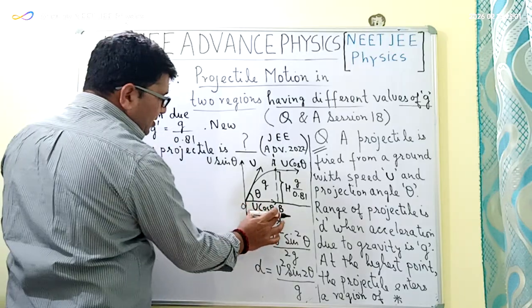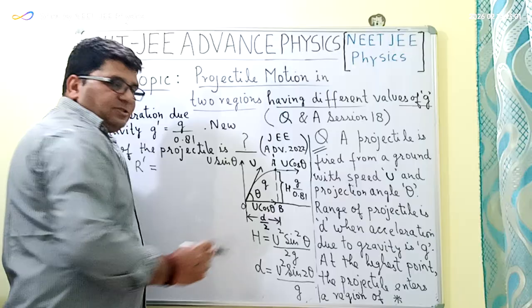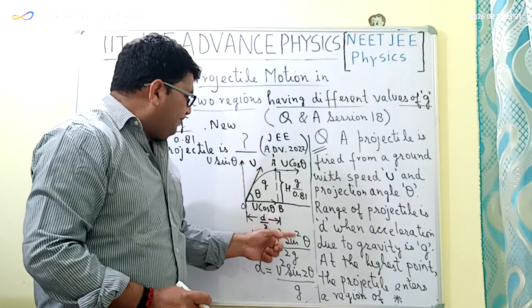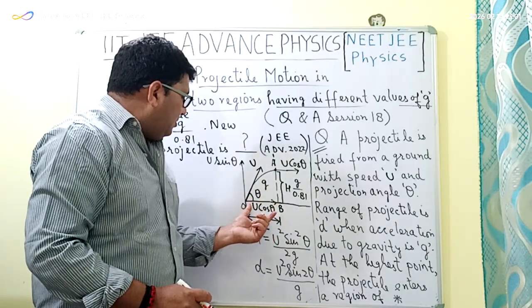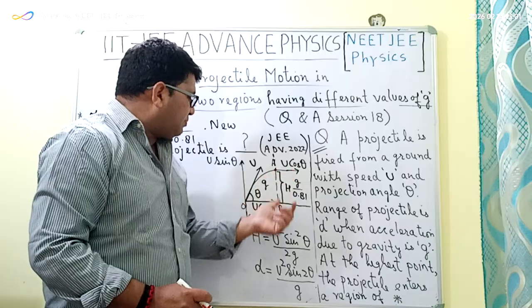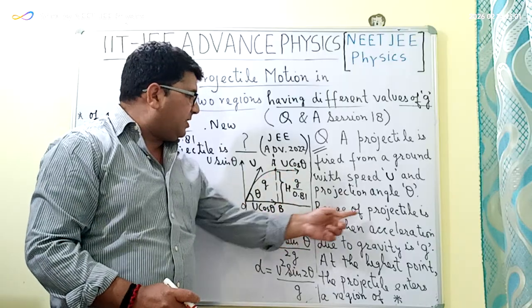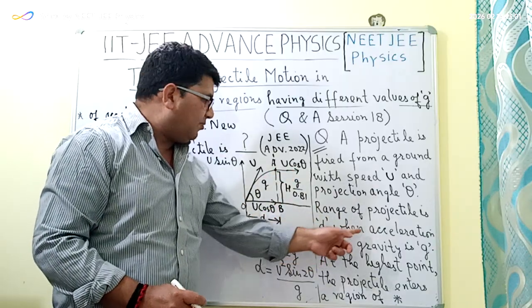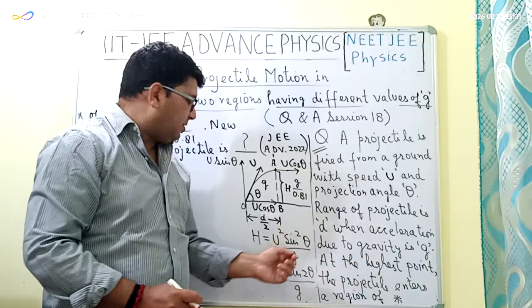When it reaches the highest point, the horizontal distance traveled by this projectile will be equal to d by 2, because the range of the projectile is equal to d when the acceleration due to gravity is g.